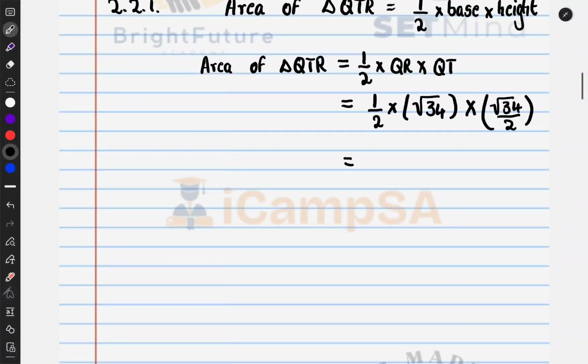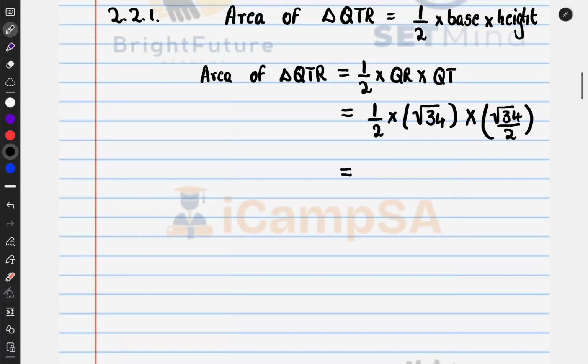So here we're going to have the square root of 34 multiplied by the square root of 34, which just gives us 34, and 2 multiplied by 2 is 4. And then I think this can be simplified, 34 divided by 2 is going to be 17 over 2. 17 over 2 units squared.